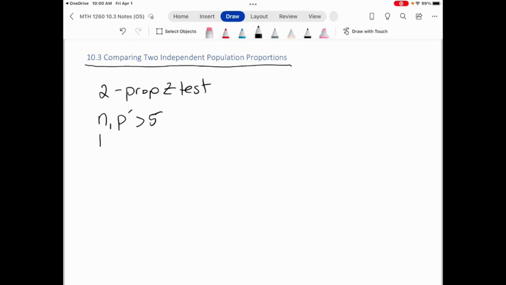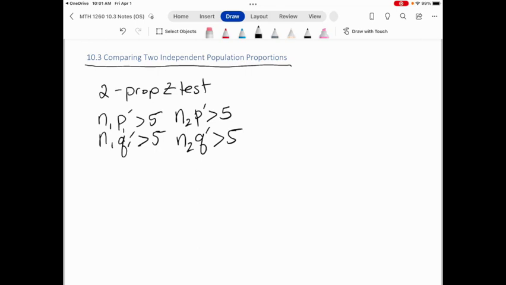And you have to do that for q as well. And then you need to do that for the second sample as well. If these four conditions hold true, then you can use the two prop z-test.